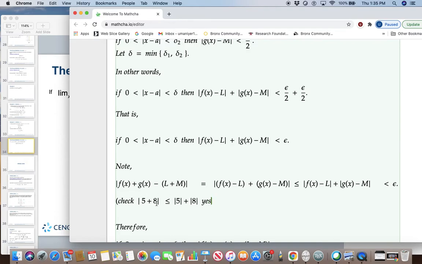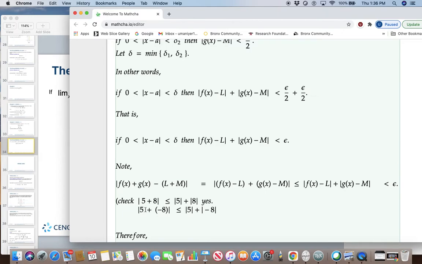So when I split the absolute value, do I have less than or equal to? You might say, why should I have less or equal? It should be equal. Well, in this case, it is equal, but let's try the following. The absolute value of 5 plus negative 8. Question: is it less than or equal to the absolute value of 5 plus the absolute value of negative 8?